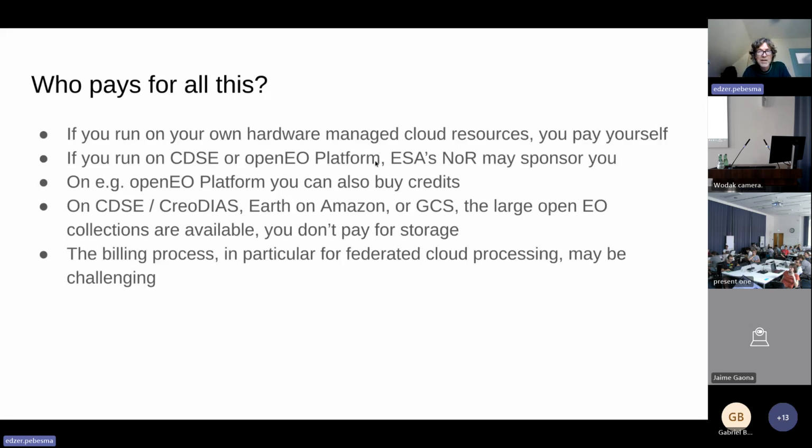We have to see whether in 5 years there will still be these two, or whether they will have merged in some way. And if you run on them, using ESA's network of resources, and in case you don't do commercial activities, then you can get a lot of credits there. You can also buy credits, right?